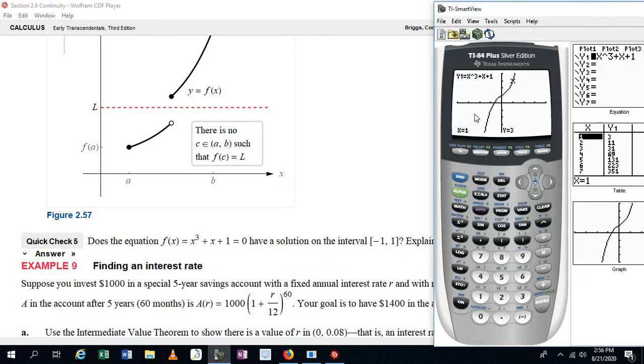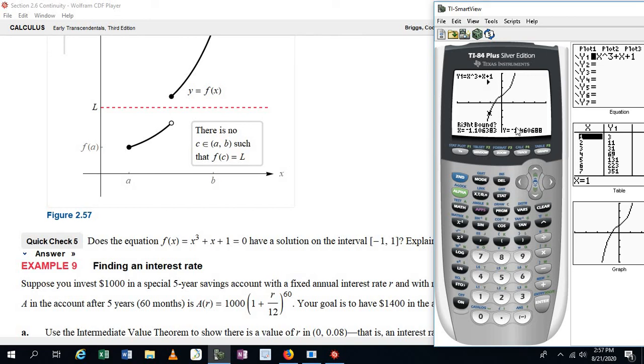you could look at your graphing calculator. Go back to the calc button, go down to zero, select it, and press enter. It's going to find the zeros between your left bound and your right bound. I create a left bound by scrolling to the left of the zero, which is right there, and pressing enter. Notice it gives you a little arrow.